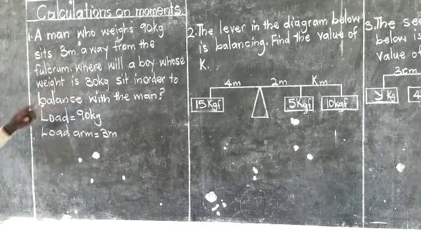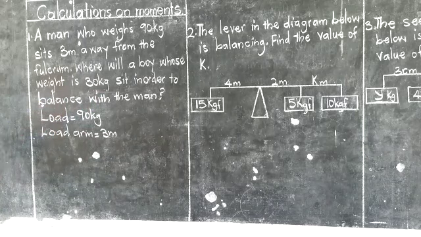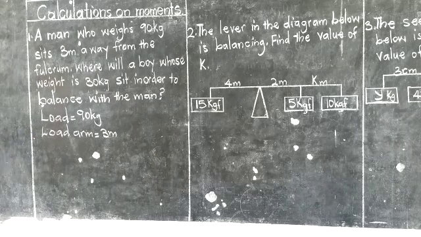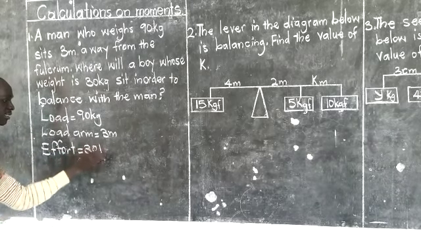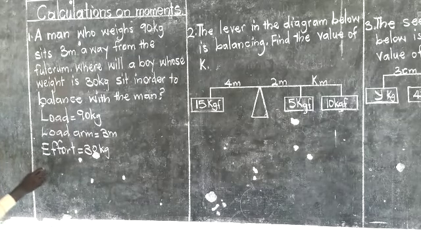Then where will the boy whose weight is 30 kilograms sit in order to balance with the man? Therefore, this boy is used as the effort in order to balance that man, meaning the effort is 30 kilograms. Then the effort arm is not known.